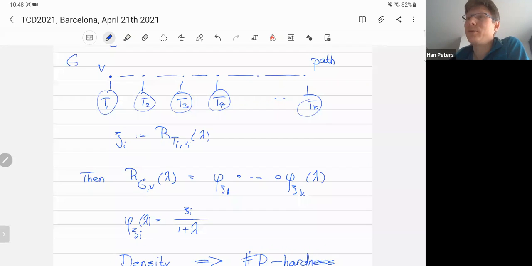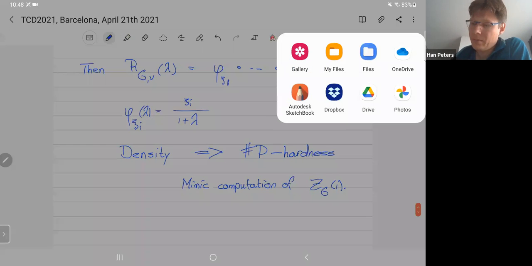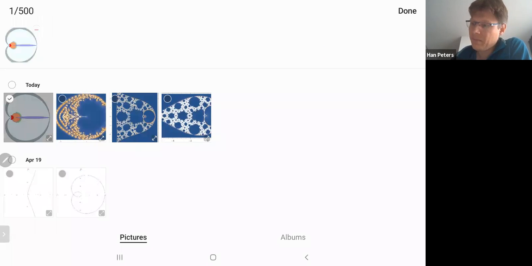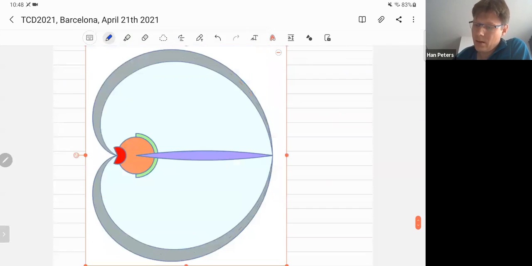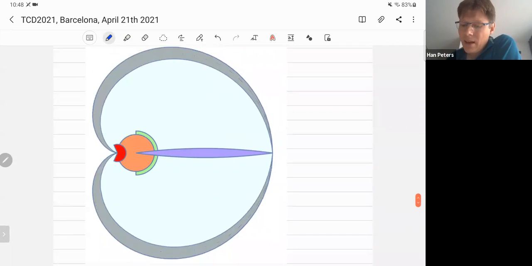Now, I was hoping to touch another subject, namely actual understanding of what the set is. Let me show you one picture. So here is again the main cardioid, the big picture. In different colors, red, orange, green, purple, are sets which are known to be zero-free. So you see that most of it we don't know yet.